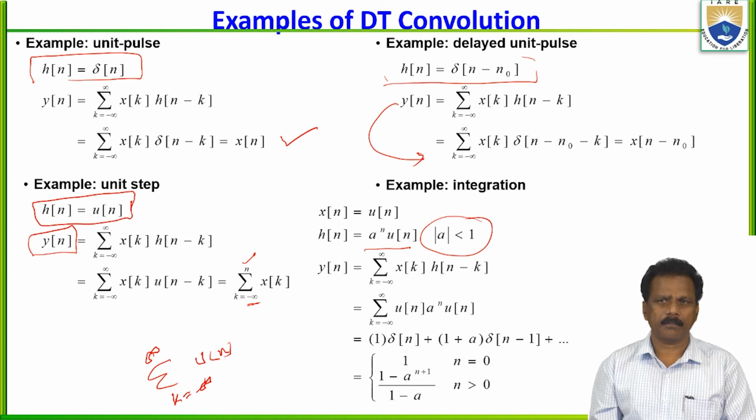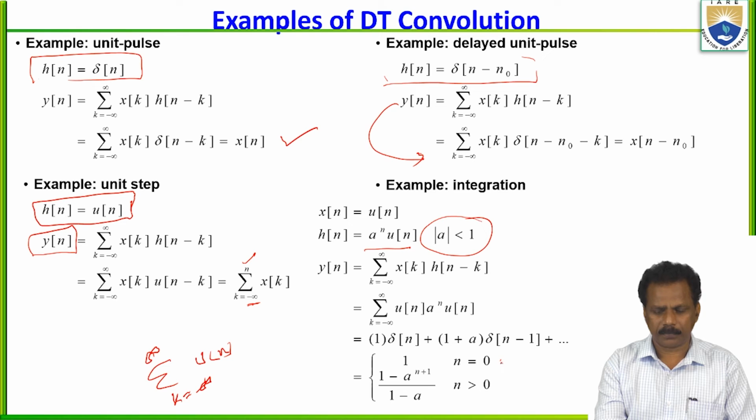This gives delta of n plus 1 minus a into delta of n minus 1 and so on, and you can verify for n equal to 0 and n greater than 0.